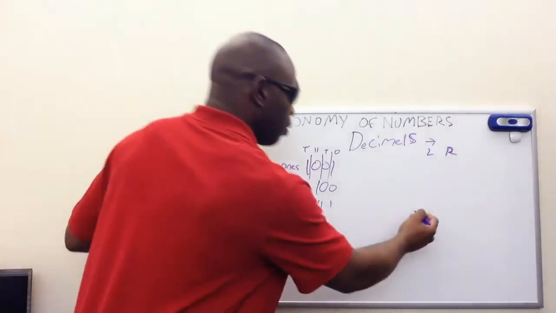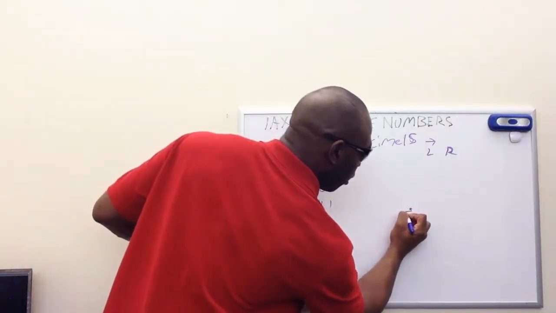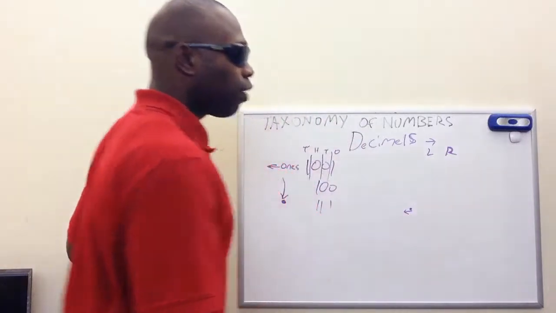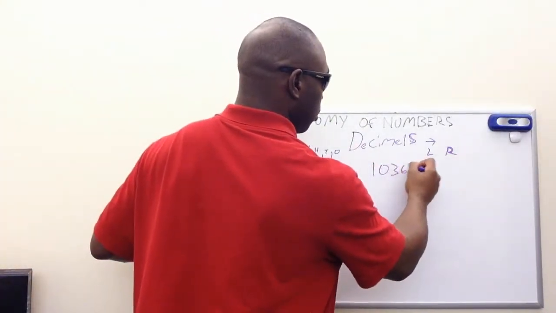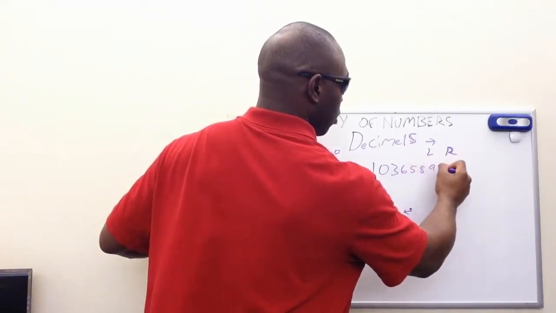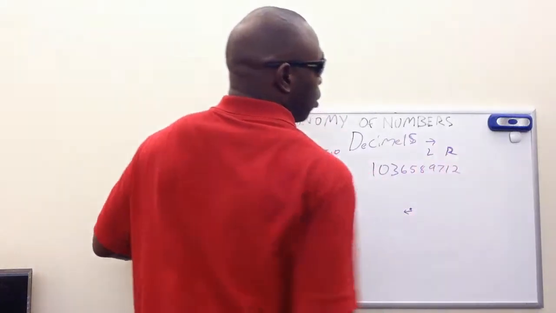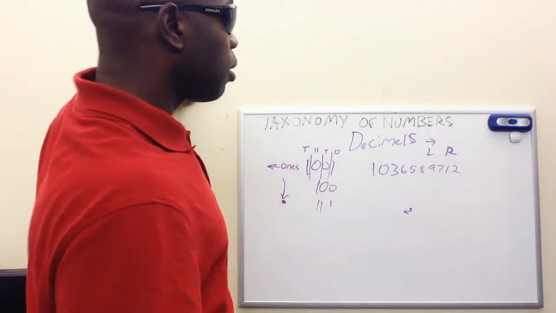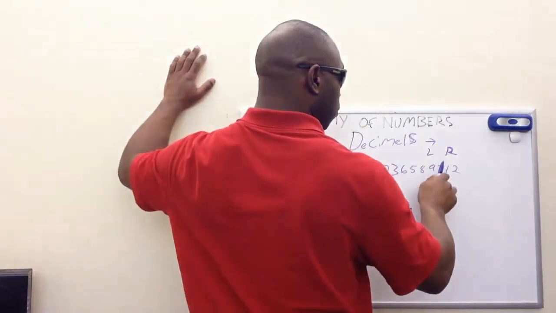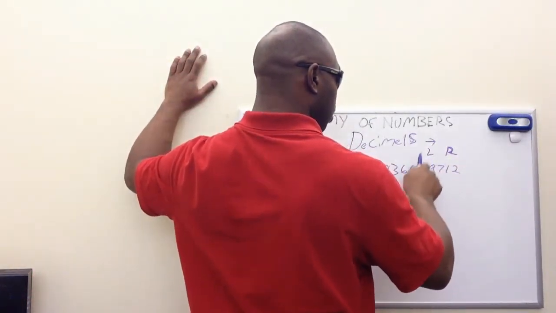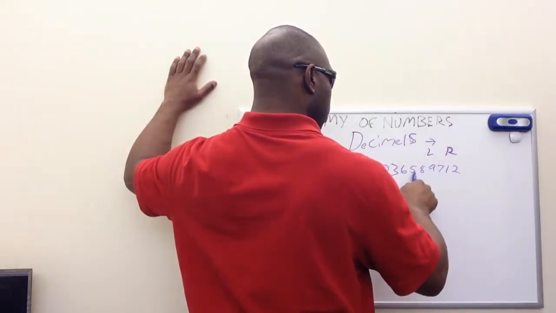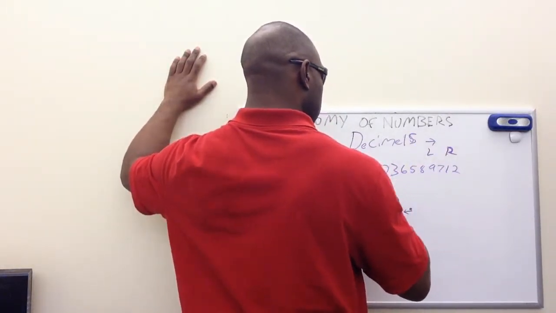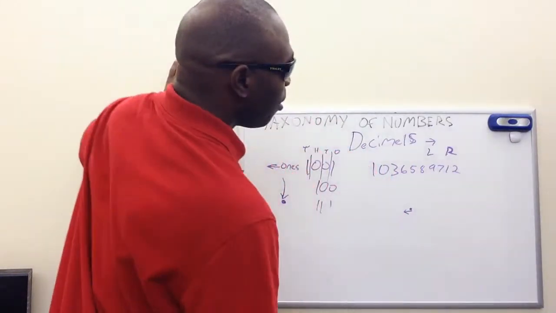So wherever the decimal is, to the left of it, that's where you will find the ones value. So if you have a string of numbers, no matter how big it is, you look at that number and you say, that's a really big number. Ones, tens, hundreds, thousands, 10,000s, 100,000s, millions, 10 million, 100 million, a billion.